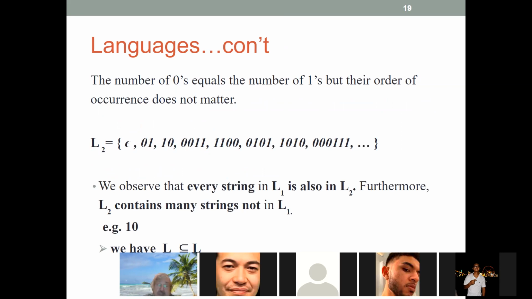So L2 contains epsilon, 0 zeros and 0 ones, and 0 1, and then you also have 1 0. Careful. The third string here has the same number of zeros and ones, but the 1 comes before the 0.